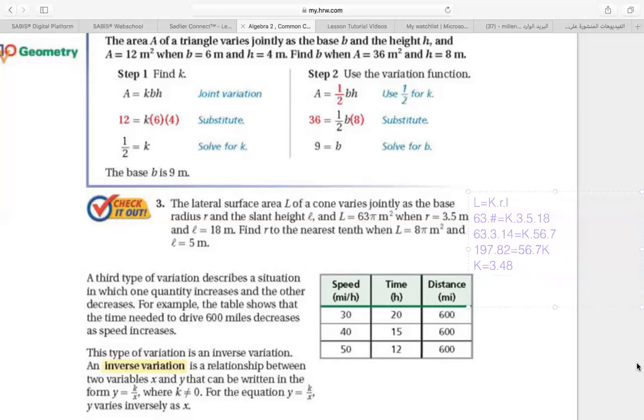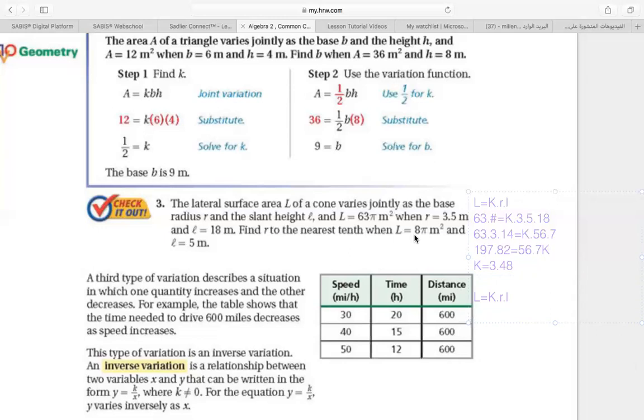Okay, girls. So now I'm going to repeat again the function L equals k multiplied by R multiplied by l. So I want to know R to the nearest tenth when L is equal to 8 pi.